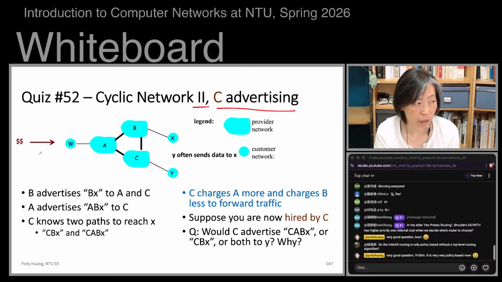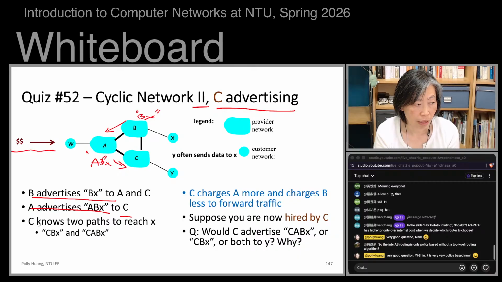We still have money flow here, but focus on this particular scenario. B already advertised BX to A, and A already advertised ABX. So A appends to the path and advertises to C.